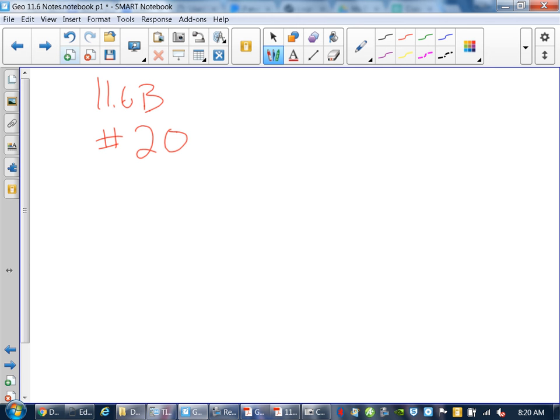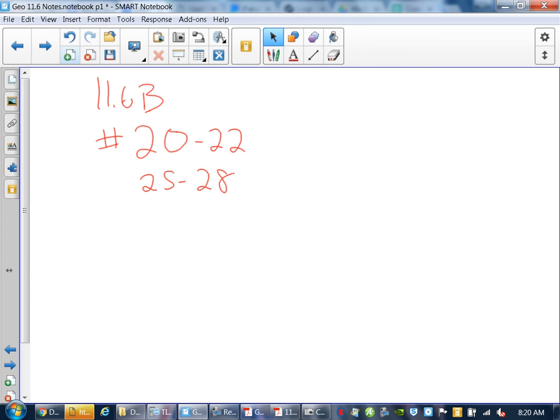Just number 20. I have 7 of them for you. 3 of them you just have to draw. 3 of them are basic, not shaded region ones, just find the area. 4 of them are shaded region. Of the 4, you have examples of every single one of them.